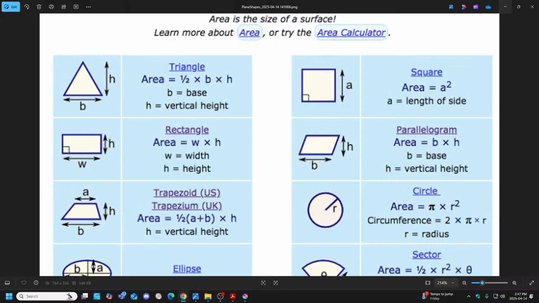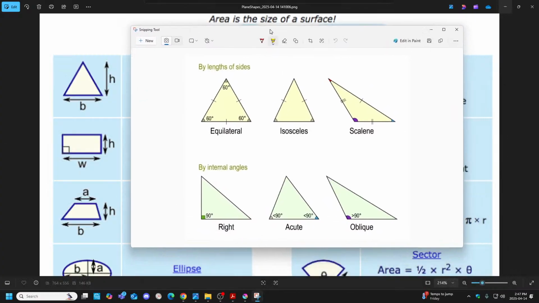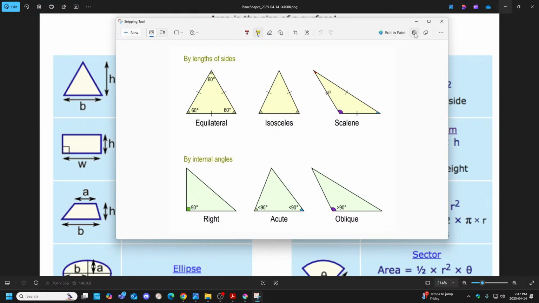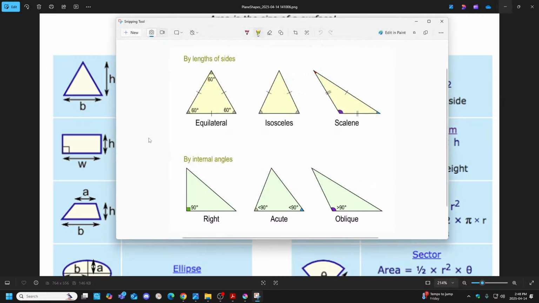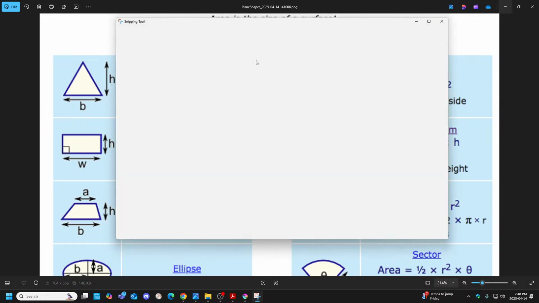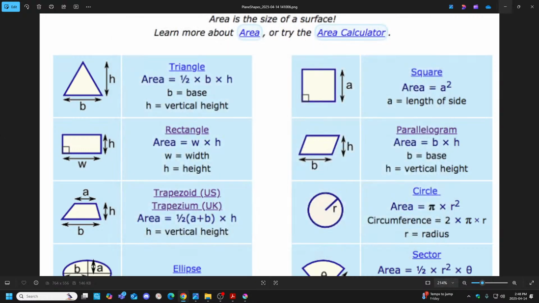And share. As a matter of fact, I'm going to save it. We'll just call it types triangles. Good enough. Triangles. I'll close that. See if I can find something else.